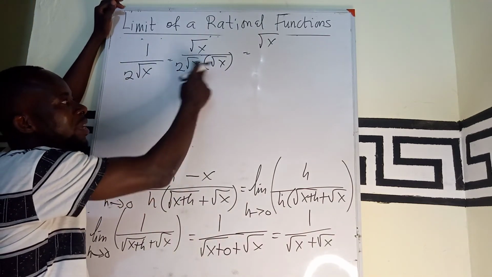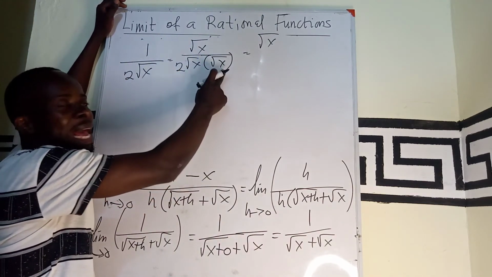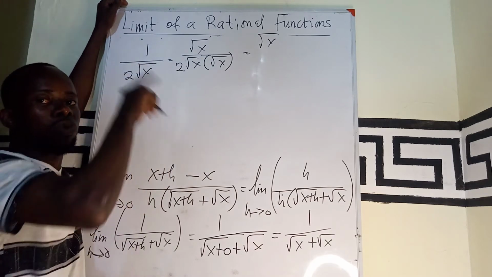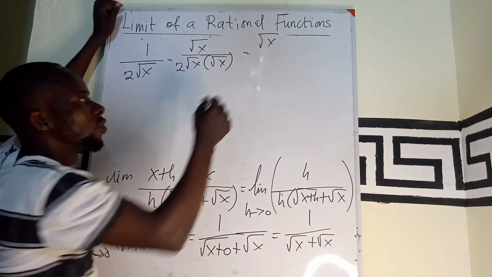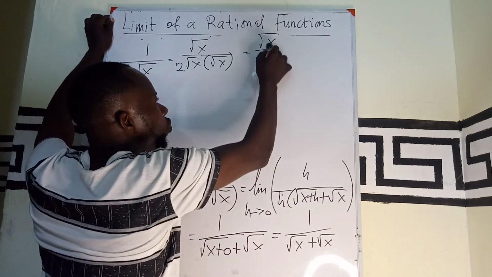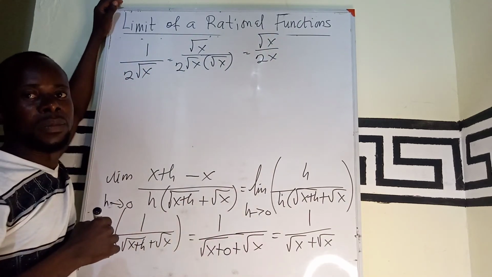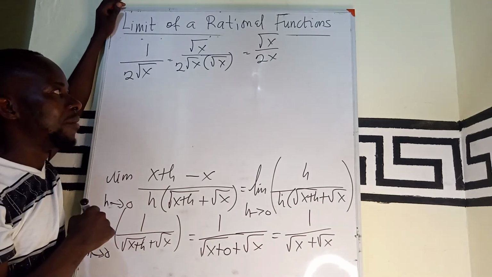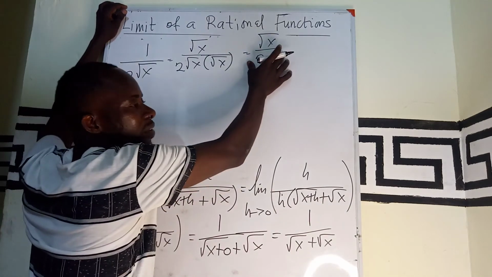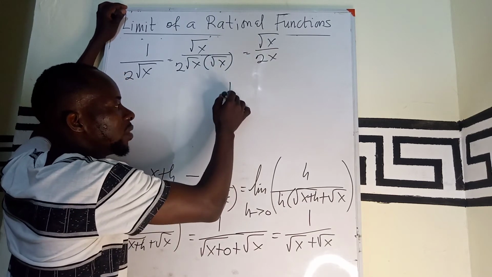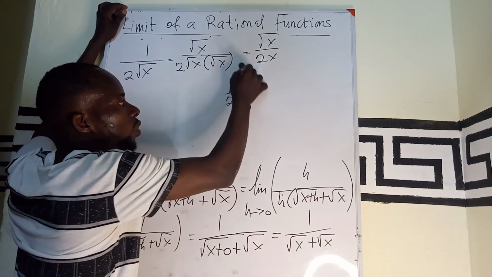root x times root x, which becomes the root of x squared, which is only x. So this is going to be 2x. So we have root x over 2x at this point. So we either leave it this way, or 1 over 2 root of x.